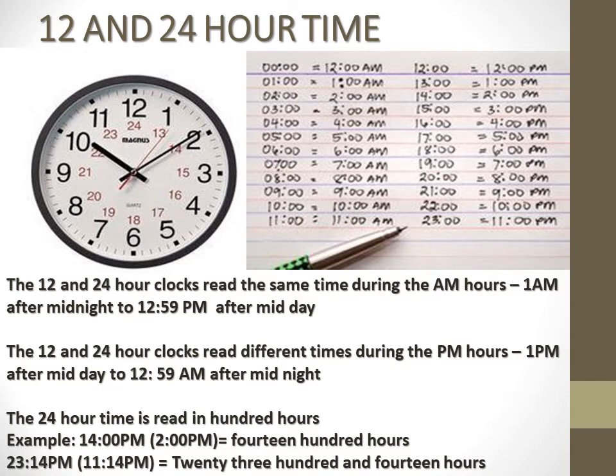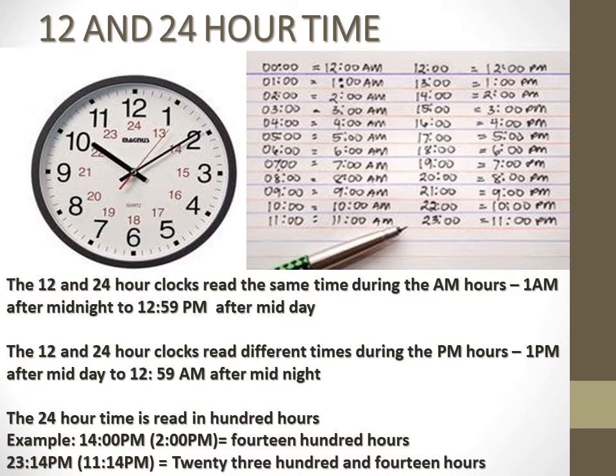What about 23:14? 23:14 is already 11 hours and 14 minutes past midday. So the time is 2314 hours. Okay? All right. Now, so when you see something like this in your workbook or in your student book, it's not going to be strange to you. Okay?